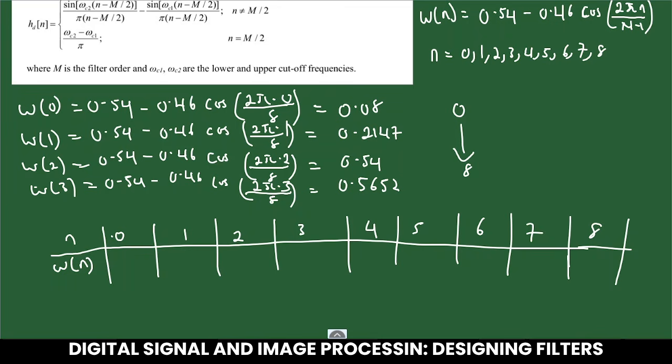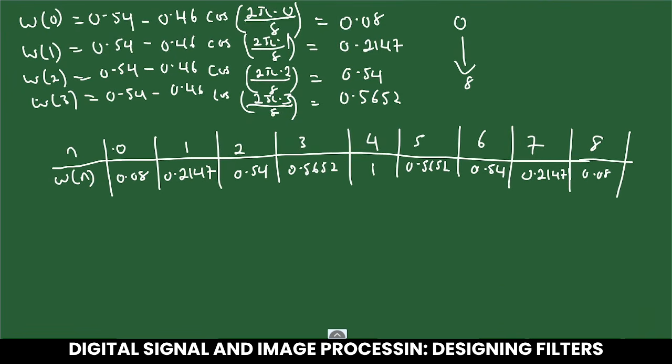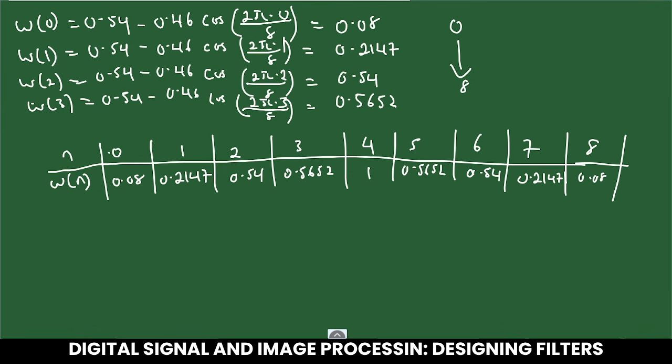Alright, so we have 0.08 here, 0.2147, we have 0.54, 0.5652, we had 1, 0.5652, 0.54, 0.2147, 0.08. Yes. So this is our Hamming window coefficient.